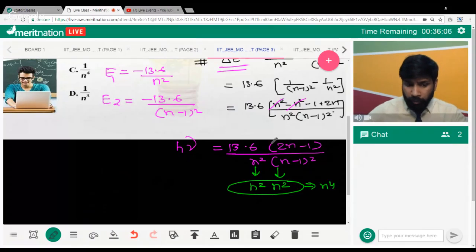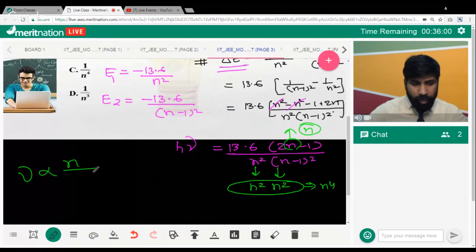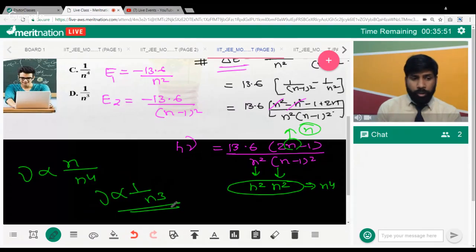In the numerator we get n. So nu is directly proportional to n divided by n raised to power 4, so nu is inversely proportional to n cube.